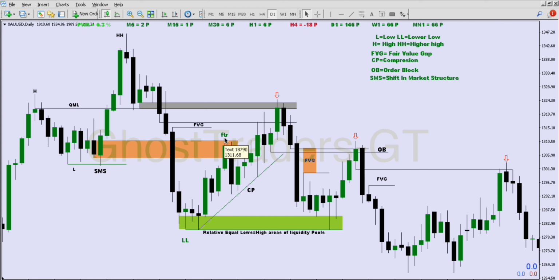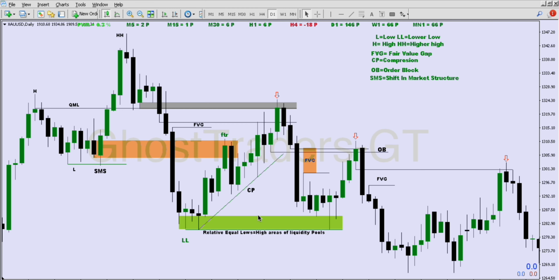So another thing that we need to know: let's say you make your entry here, and you're going to target this low to be taken out. But one thing you need to keep in mind is that price has a tendency not to take out this low, and just get to these wicks here and then turn around.